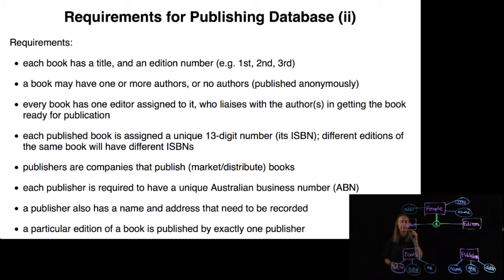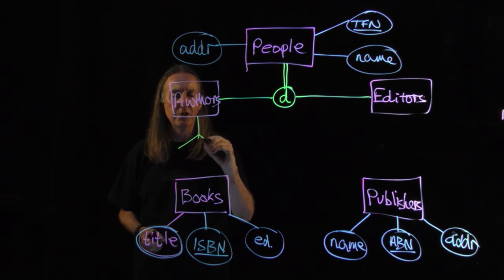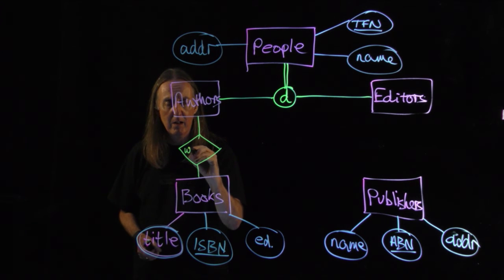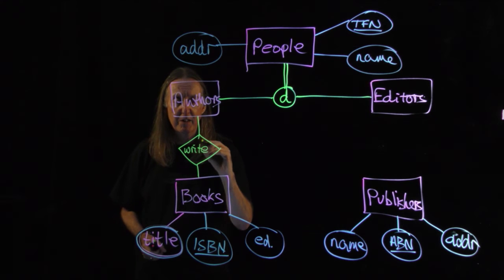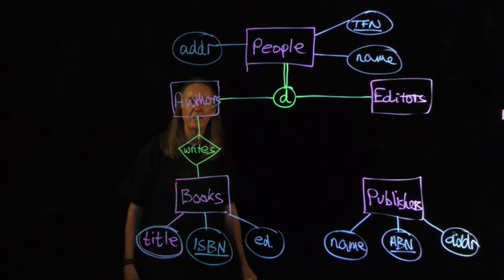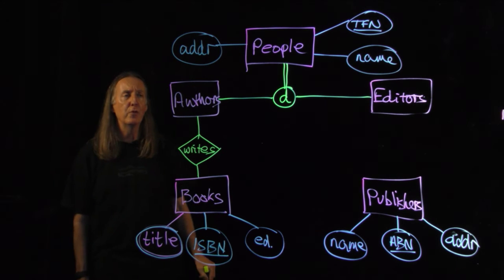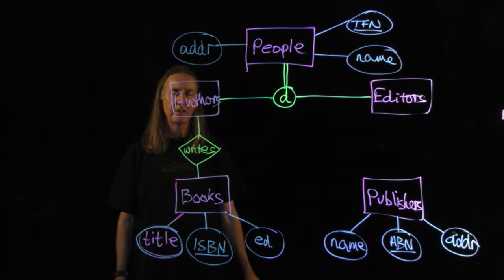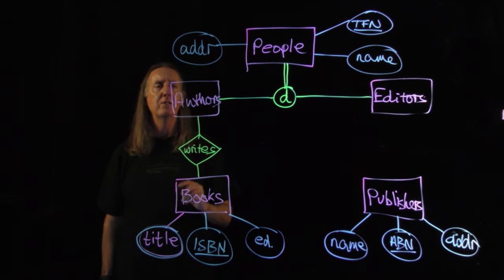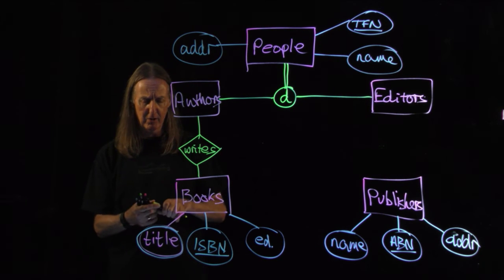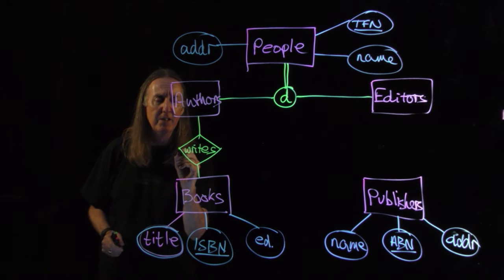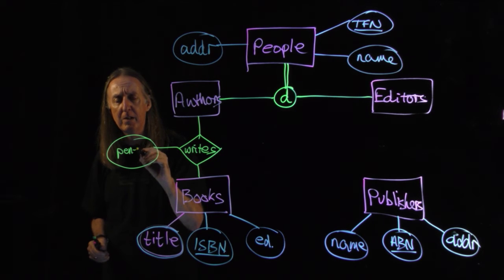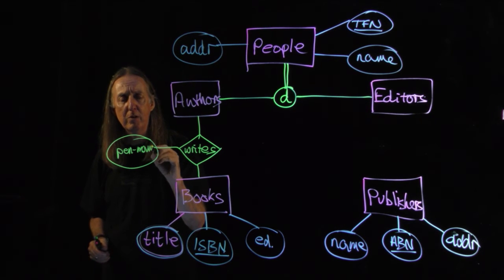Authors write books, so there's clearly a relationship between authors and books, which we could probably call write quite nicely. Now, I said before that authors have pen names, and they may have different pen names depending on the particular book, and so we could, as we did with the cost of a beer in particular bars, associate the author's pen name with the relationship between that author and the book that they wrote.